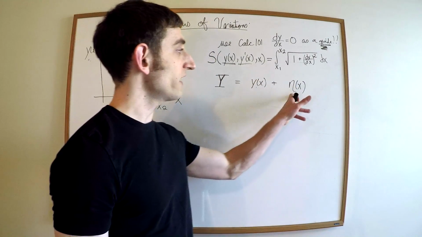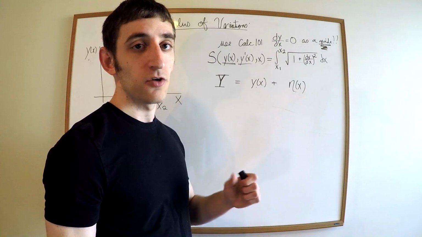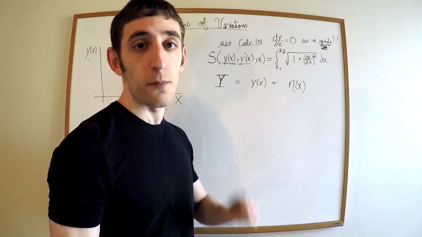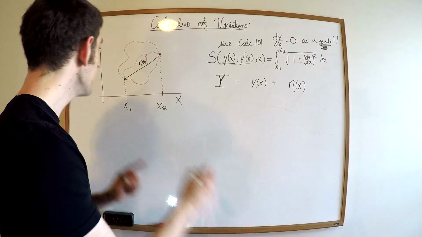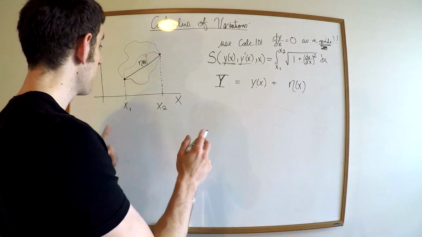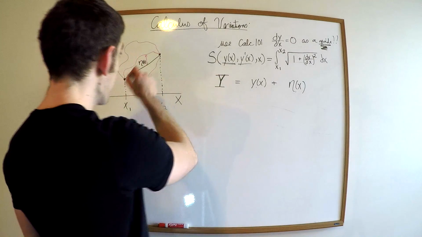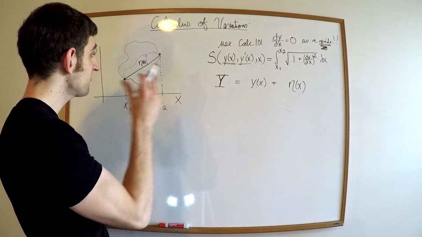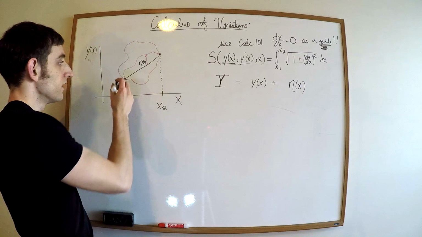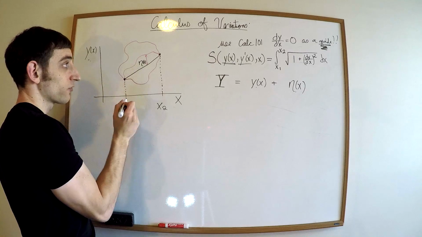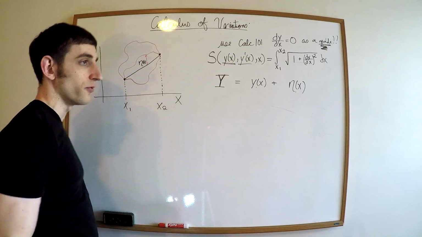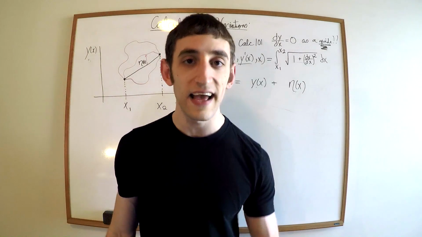And we have to restrict these functions because there's one thing we know is true about all these paths. The path we take between x1 and x2 has to go through the x1 point and through the x2 point, otherwise we're not connecting the points.